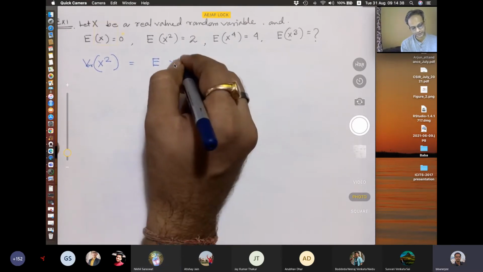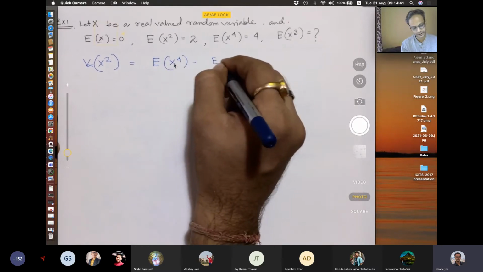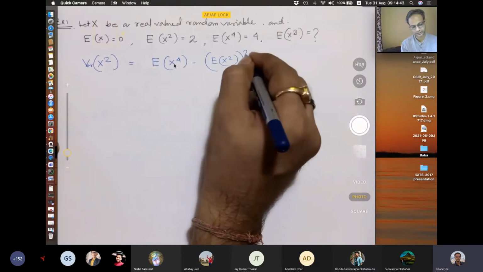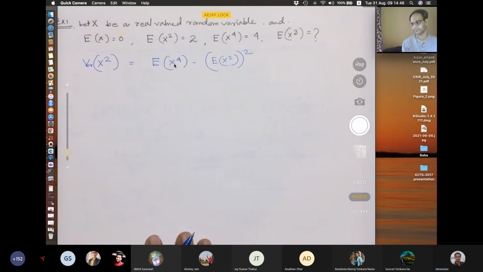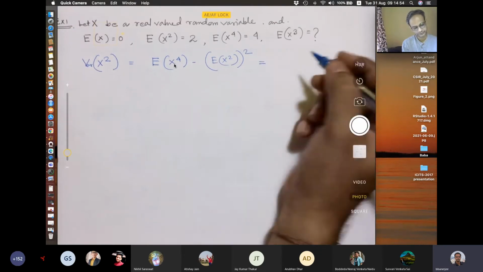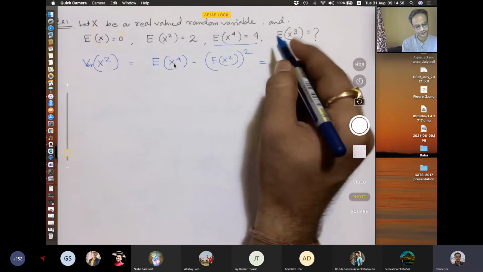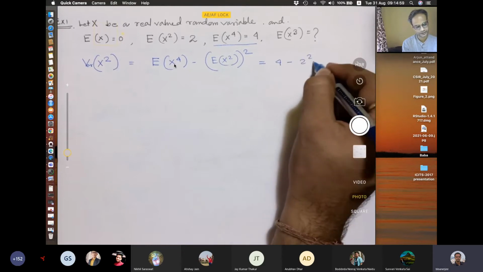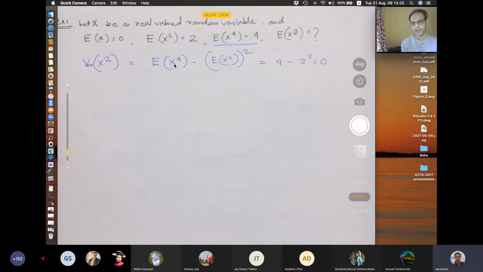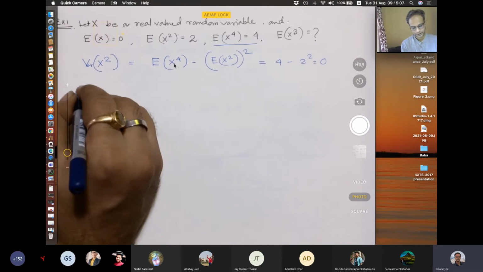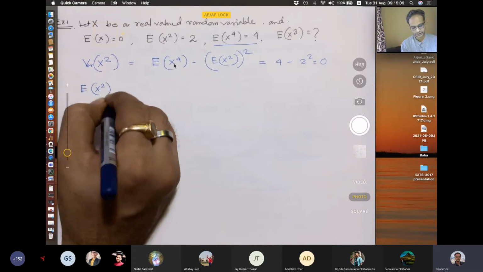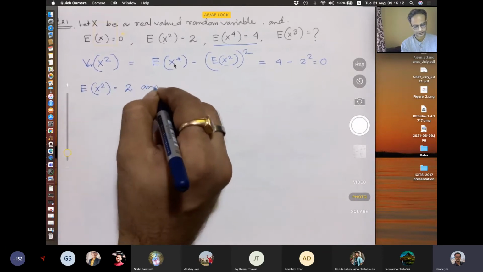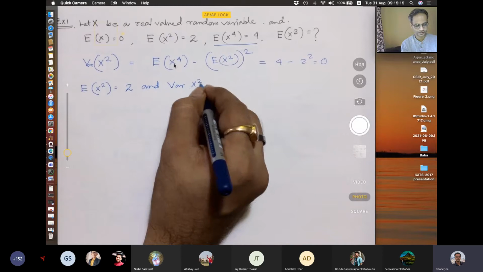So E of X to the power 4 minus expectation of X square, whole square, right? Is it okay? Now what will be this value? E of X power 4 is 4, minus 2 square. This is 0. So you have a random variable whose variance is 0. And so expectation of X square is 2 and variance of X square is 0.